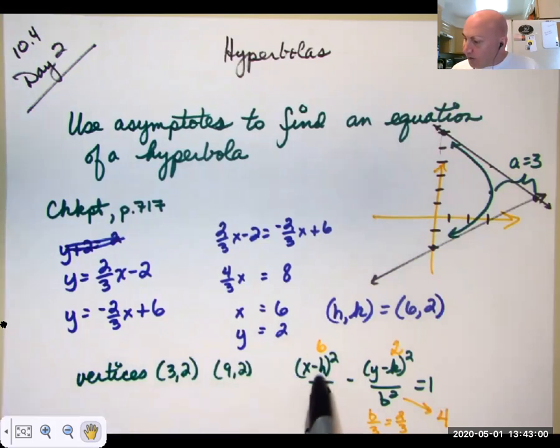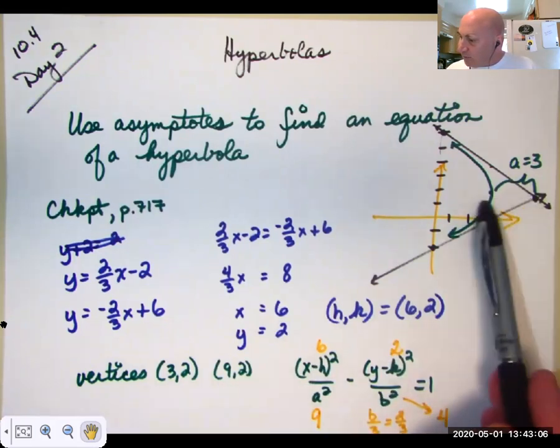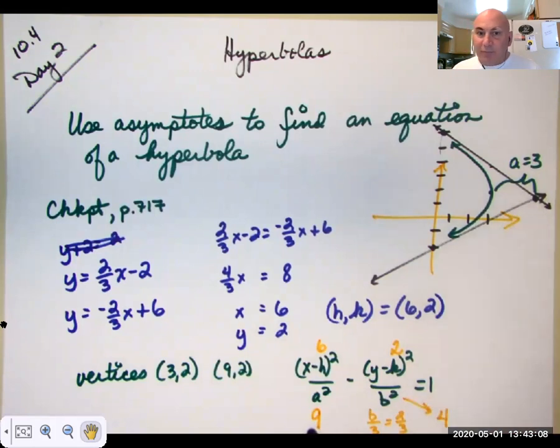So I already know that h is 6 and k is 2. I know that a is 3. The only other thing I need is b squared. Well, look at the graph and look at what you can tell here.